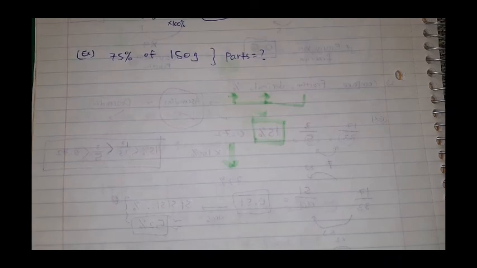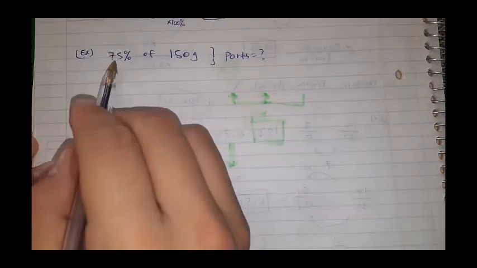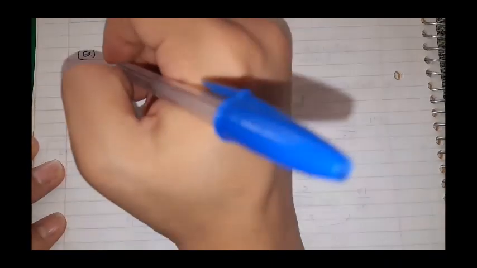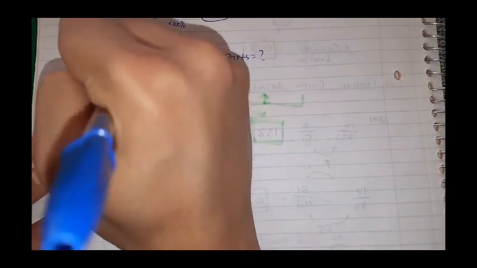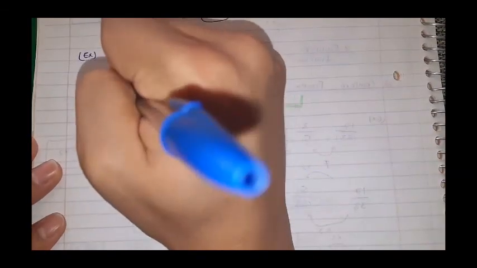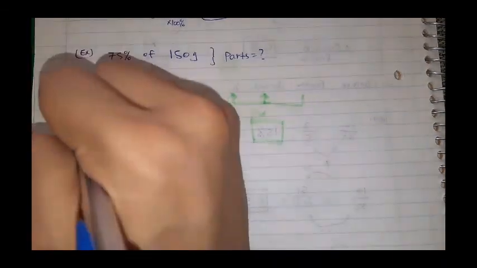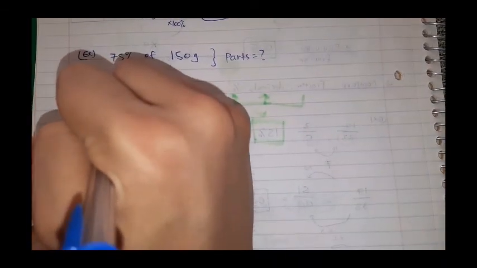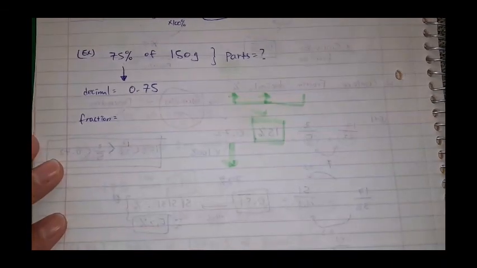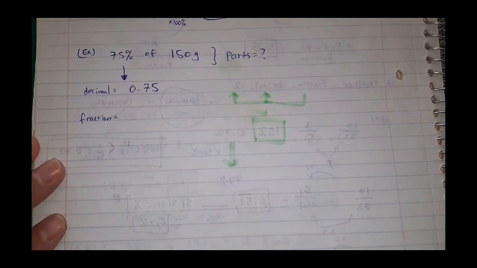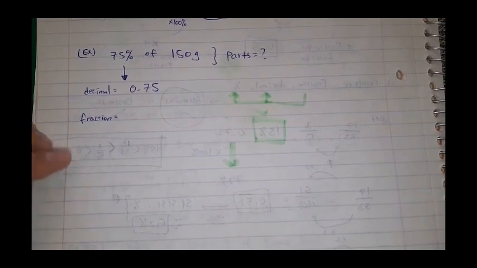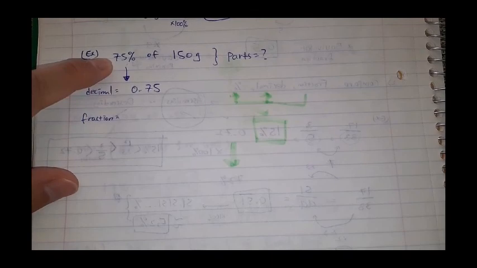Then you need to understand the fact that this 75% can be converted into a decimal or fraction. If it's decimal, then you just divide it by 100, 0.75. If it's a fraction, and sometimes you have what I like to call a common fraction that makes it an easy percentage, 75 is 3/4.